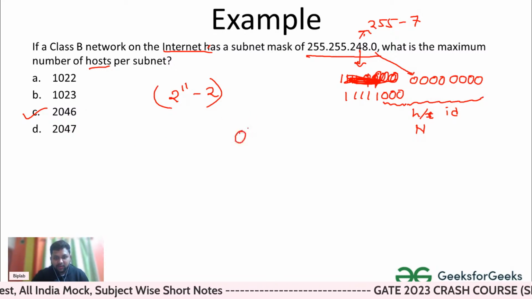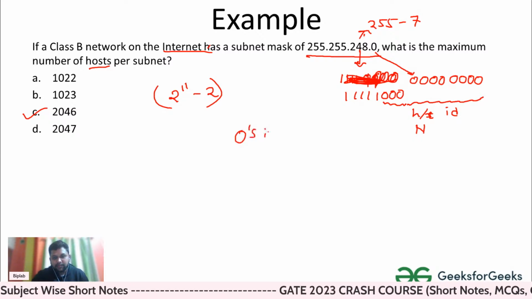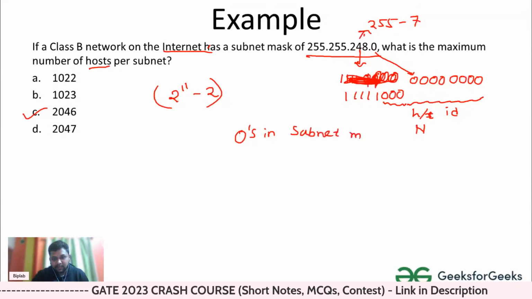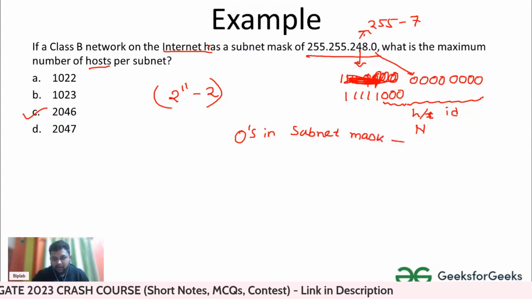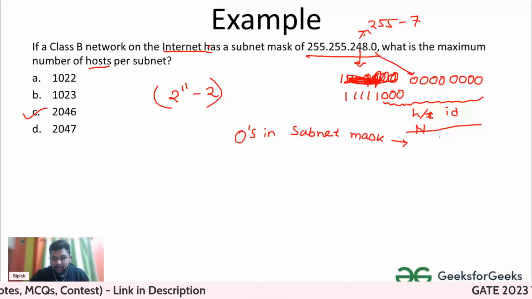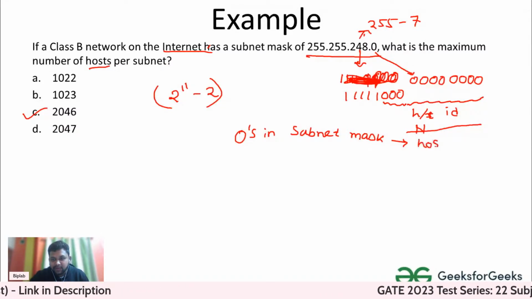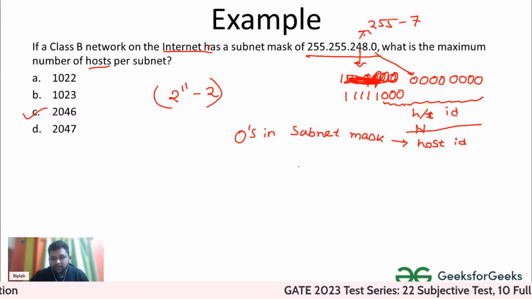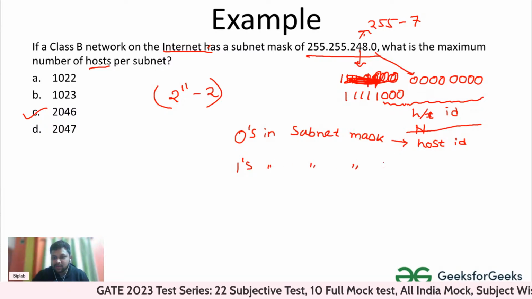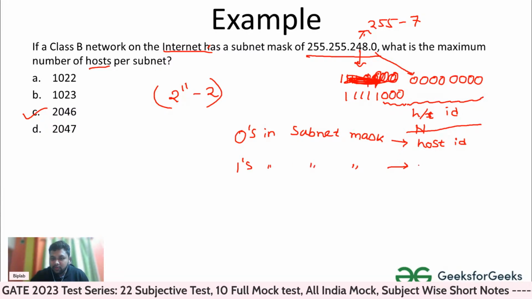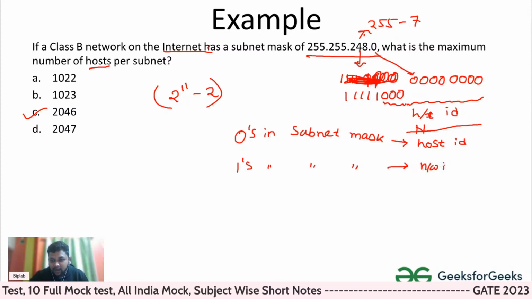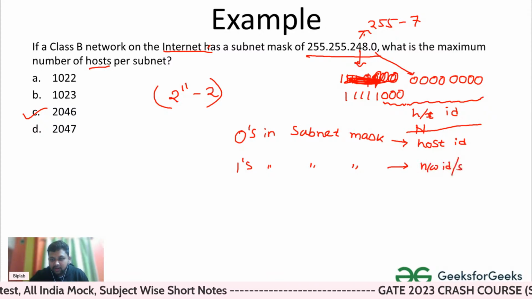Zeros in the subnet mask, you are sure, represent host ID. Ones in the subnet mask may represent network ID or subnet ID.